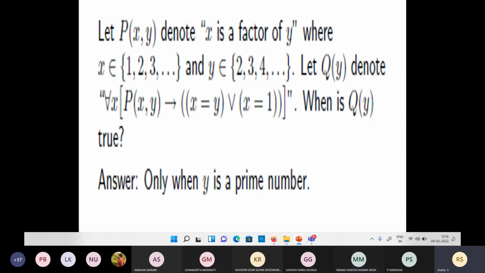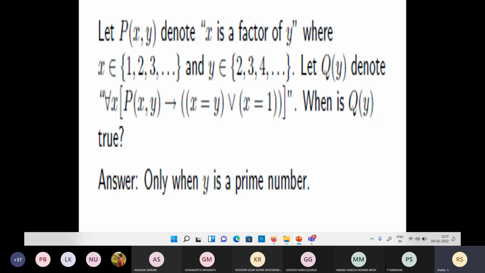They have given specific domains for x and y, where x is equal to 1, 2, 3, etc. and y is equal to 2, 3, 4, etc. Let Q of y denote for all x, P of x comma y implies x is equal to y or x is equal to 1.